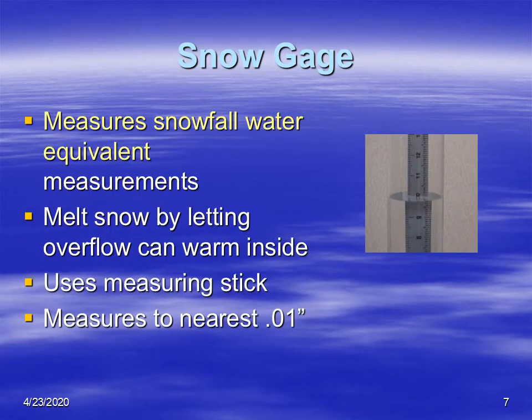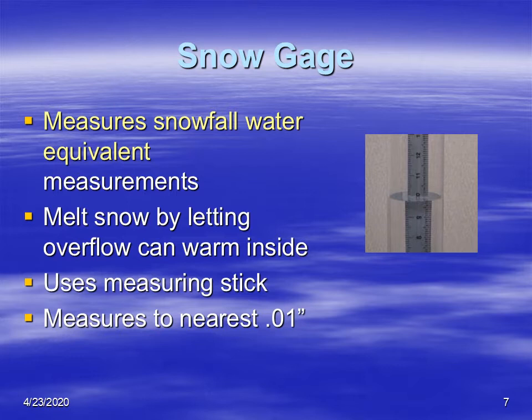So the snow gauge can measure the snowfall, not the depth. And if you let the snow melt, you can get the water equivalent, the snowfall water equivalent, by bringing it inside and letting it melt. There's also an alternative process if you're in a hurry and need to get that snow melted very quickly.